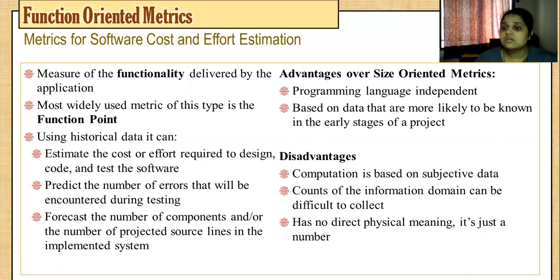And this is just a number, but it has no physical meaning. We shall see why in the next slide, when we see how to compute the FP or function point, which is actually measuring nothing but the functionality of your application.